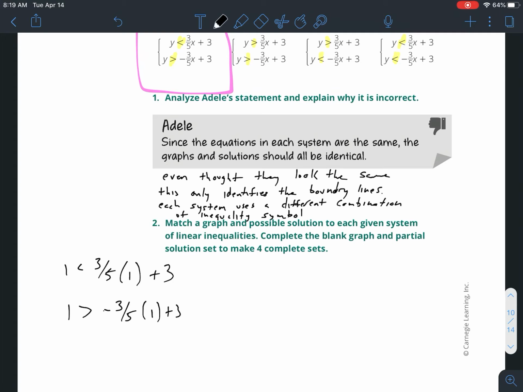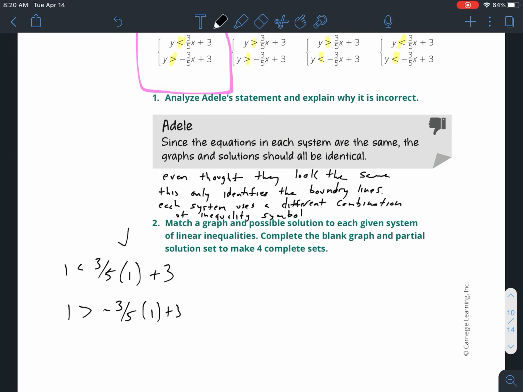plus 3. With our fancy dancy calculator on our iPad, or your personal device if you want to try it, if you do 3 divided by 5 times 1 plus 3, that's true.